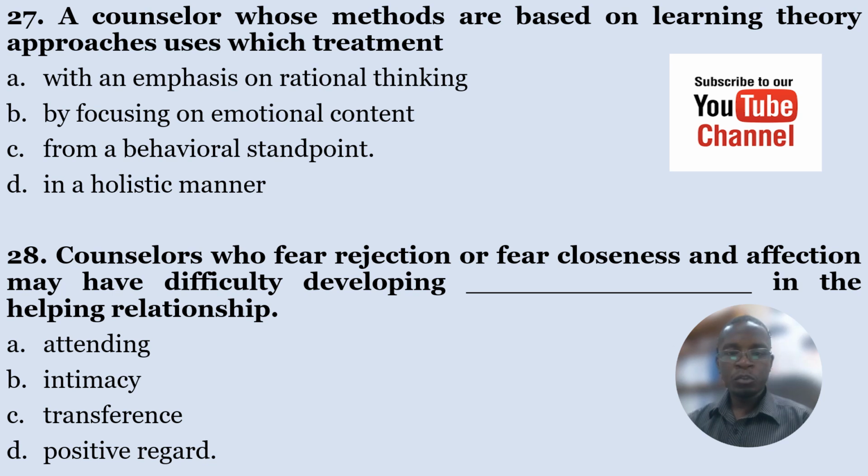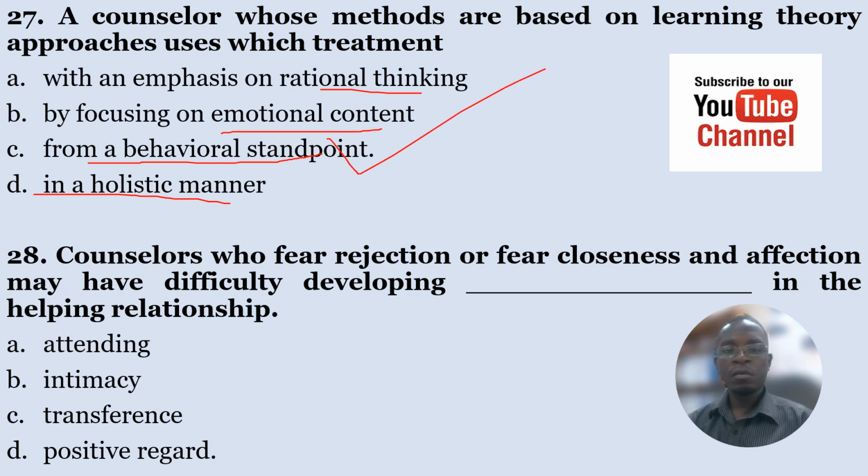Number 27, a counselor whose methods are based on learning theory approaches uses which type of treatment? A, rational thinking. B, focusing on emotional content. C, focuses from a behavioral standpoint. D, in a holistic manner. The correct answer here is C.